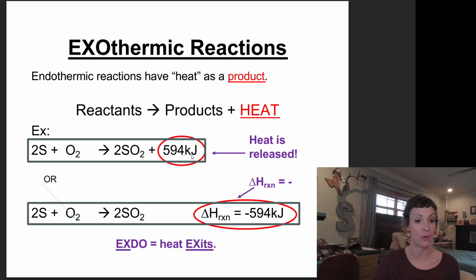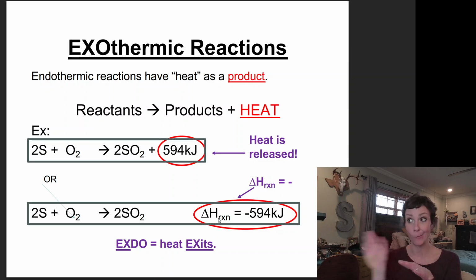Another way I can show it is I can not have that number in my chemical equation, but have it off to the side. Well, here's the delta H for this reaction, by the way. Noticing something really important: the delta H of the reaction is negative 594 kilojoules. So if I'm just stating what the delta H of the reaction is, I have got to represent it as either positive or negative, okay?